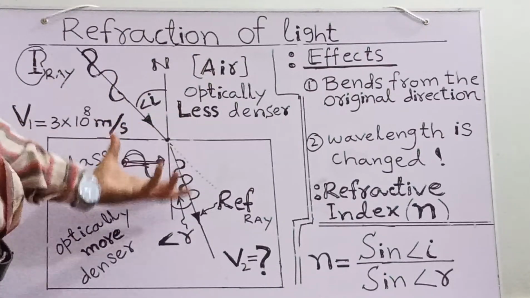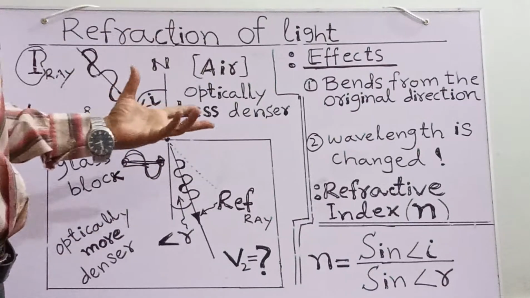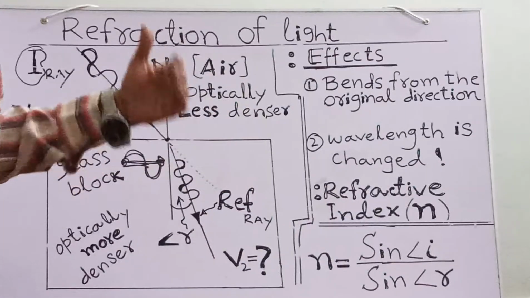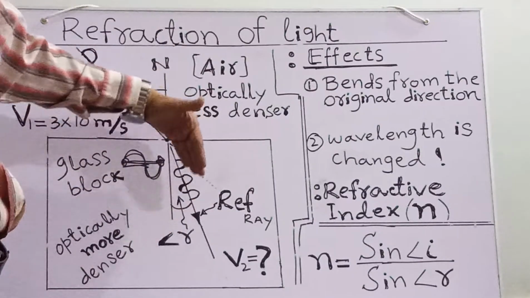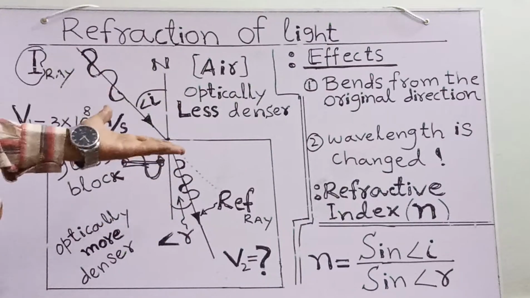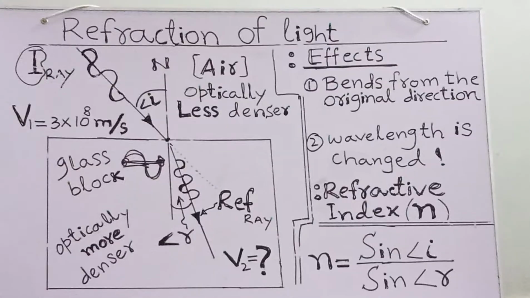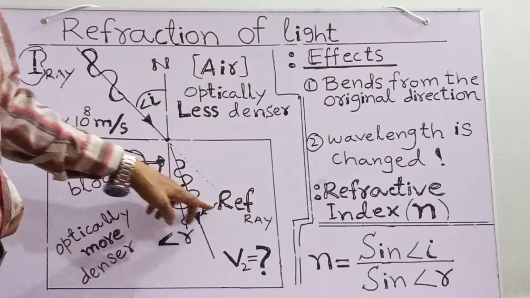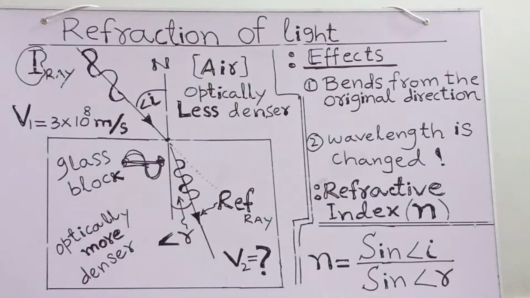It is a measure of how much glass can bend the light rays. So refractive index, in easy language, shows the refraction power. Now how is it calculated? One thing more, let me clear: this is the refracted ray. REF means refracted ray.